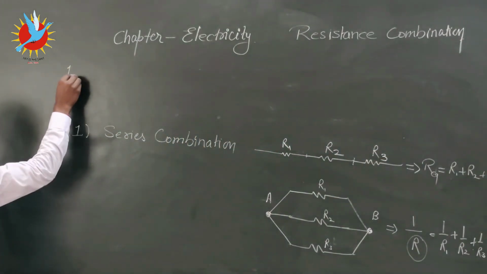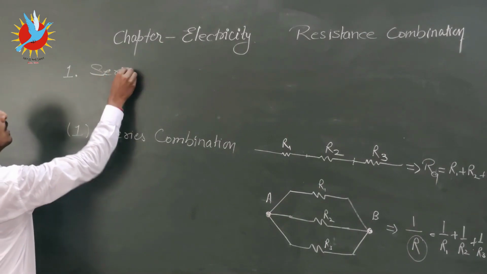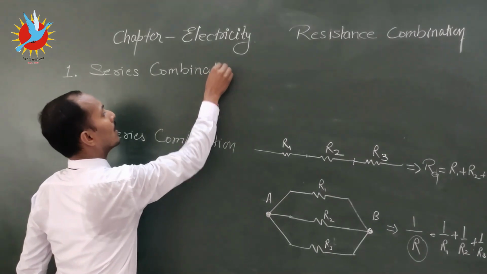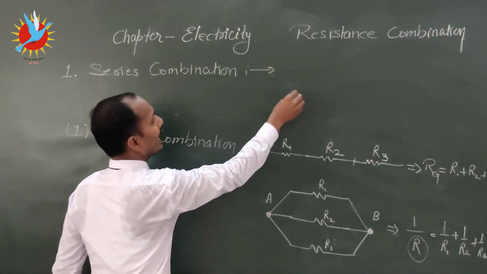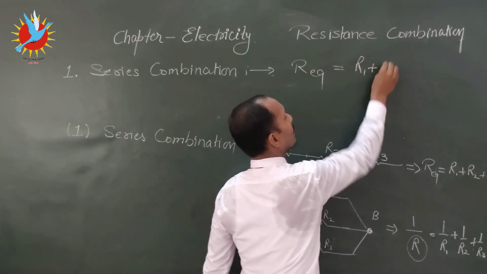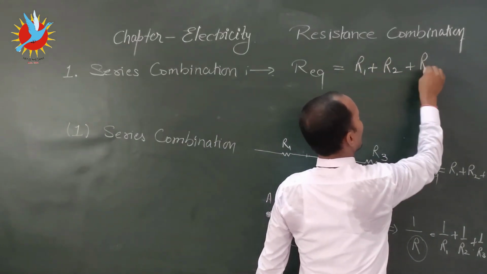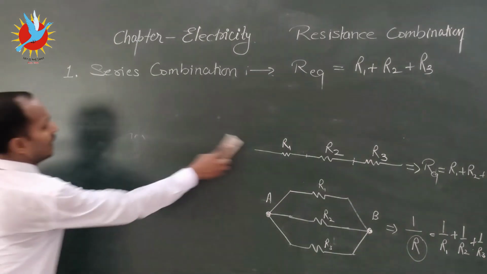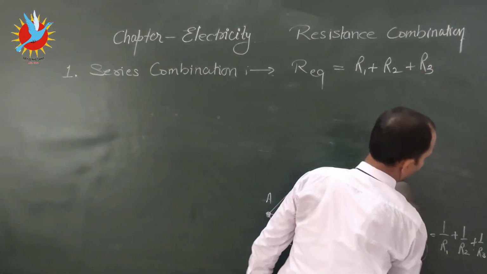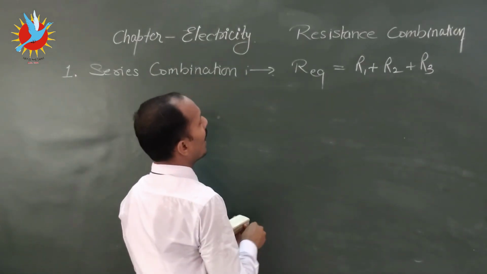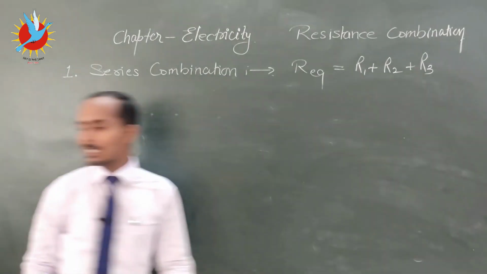Our first point is series combination: how we get the equivalent resistance R equal to R1 plus R2 plus R3. Let us study it one by one. We prove that R equivalent is equal to R1 plus R2 plus R3.